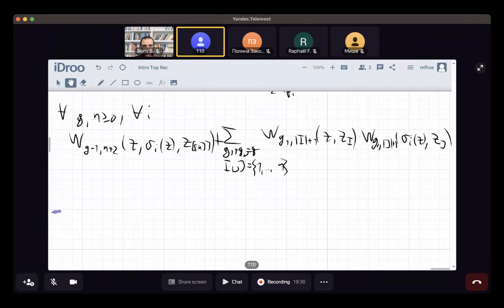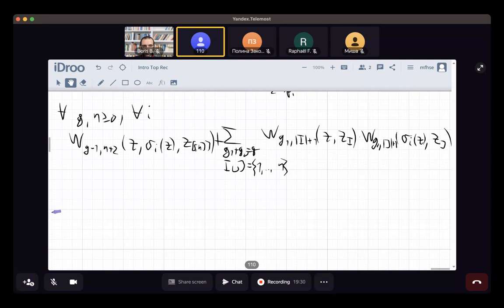Okay, but this is not where I want to stop, because I want to reformulate this condition even more, since from here it's not very easy to see that these conditions are satisfied by my formulas above. So I want to reformulate it in yet another form.